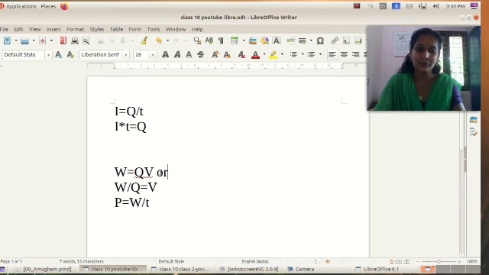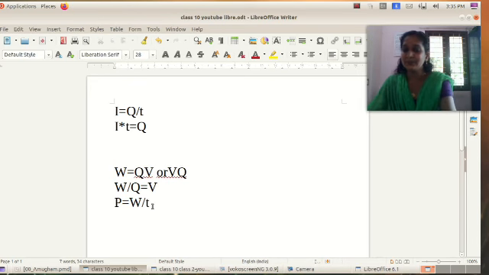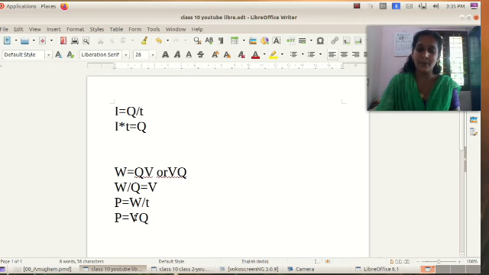So we can substitute this in the equation P is equal to W by T. W is equal to QV or VQ, so V into Q divided by small t.